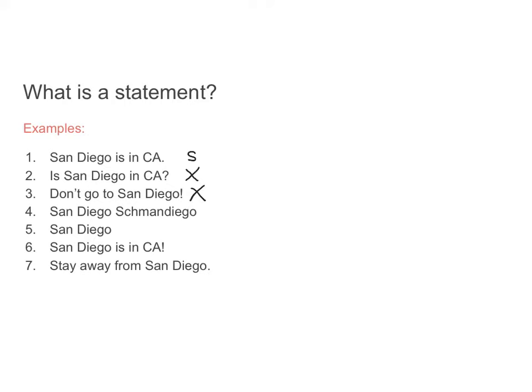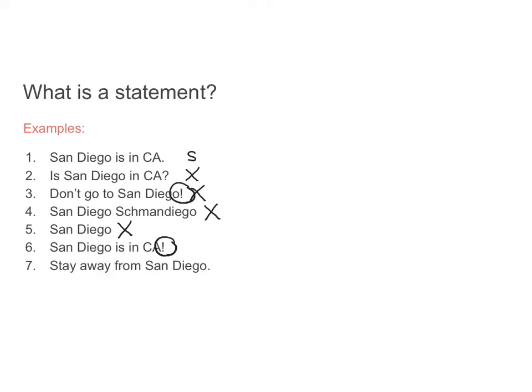Okay, number 4, San Diego, Schmandiego, also isn't asserting anything. It isn't the kind of thing that can be true or false. The word San Diego, the noun San Diego, it picks out a thing, but it is not asserting anything about the world. Number 6, San Diego is in California! This has an exclamation point just like number 3, but this isn't a command.